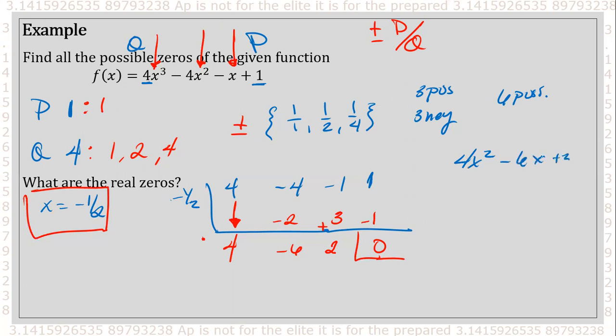So keep in mind, you can also use the quadratic formula, factoring, or synthetic division one more time. It's completely up to you what you prefer to do. I'll give that as an exercise for you guys to find the remaining zeros. How many? Well, let's look at the degree. There should be 2 more zeros here as well.